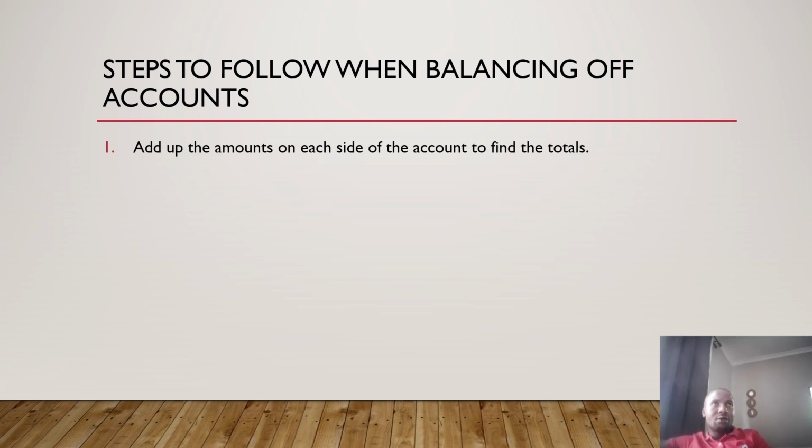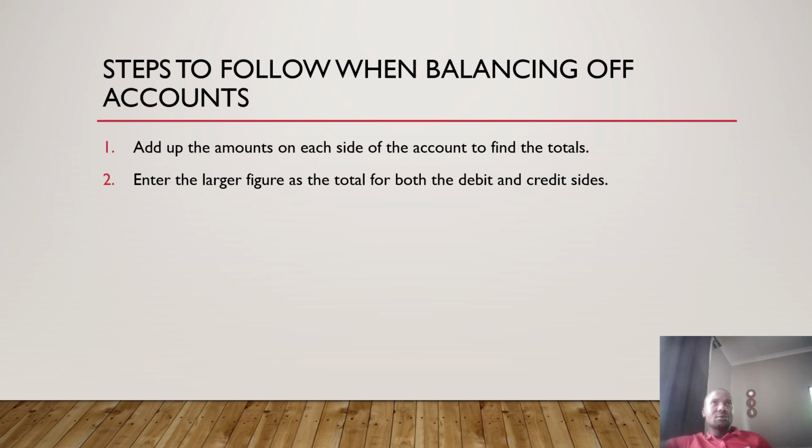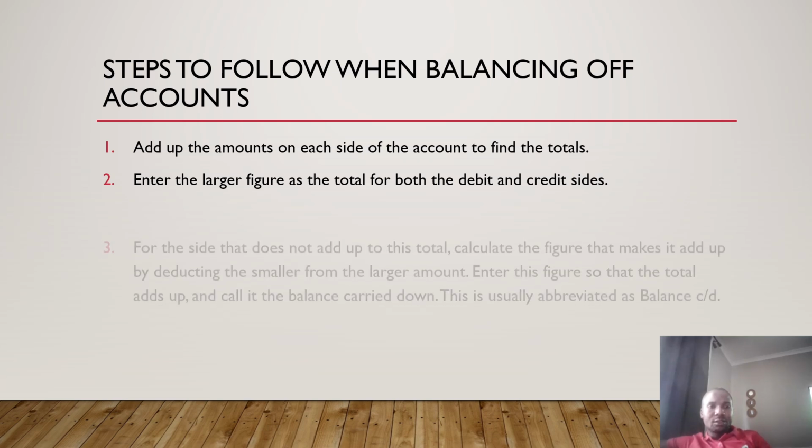So you add all the amounts on the debit side and those on the credit side. The second step is to enter the larger figure as the total for both debit and credit sides. So the side which has a bigger total, we find the total as the closing for both sides.